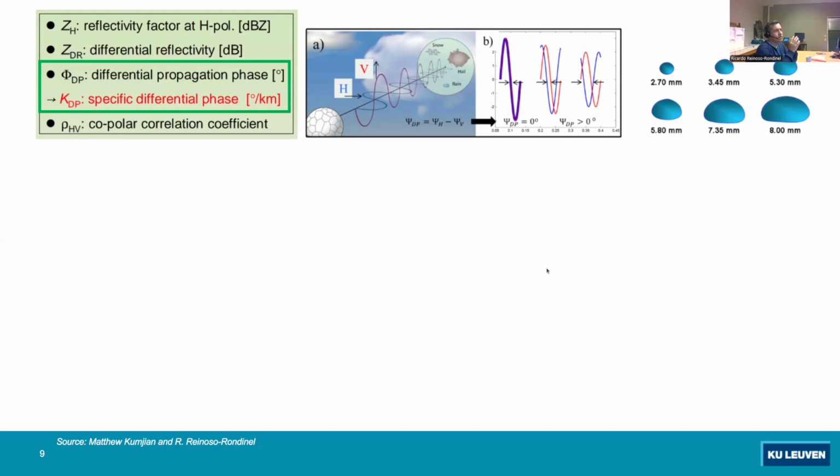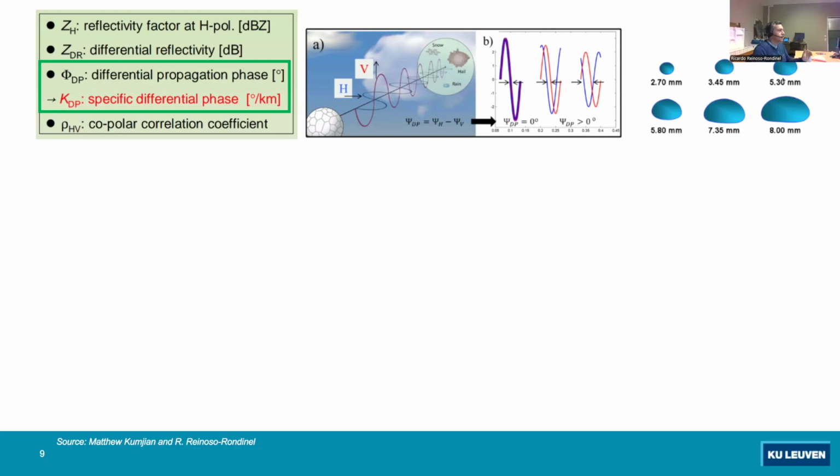But the moment you have objects along the path, such as a precipitation area, assuming the raindrop shape is like you see here on the top right, the horizontal signal will slow down a bit compared to the vertical signal. So there will be a delay, a phase difference, and that's what we call differential phase.